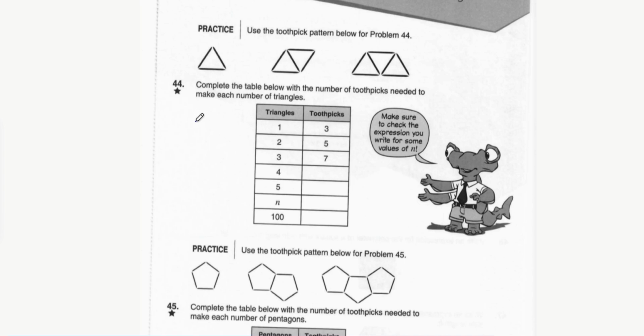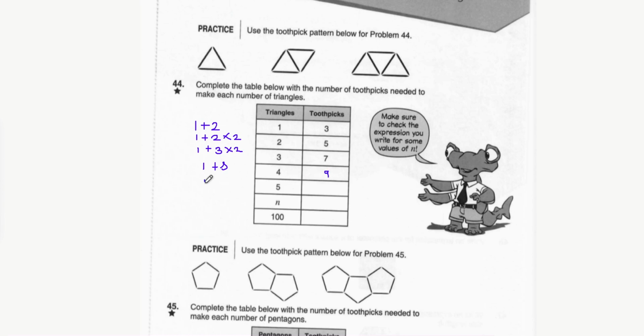So for the first one, it was 1 plus 2. For the second, it was 1 plus 2 times 2. Next, we have 1 plus 3 times 2. And then we have 1 plus 8, which is 9.